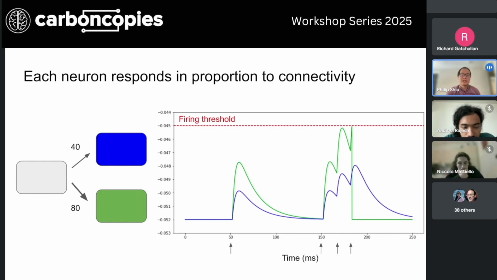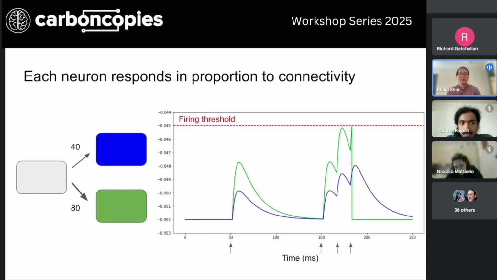And so we can simply say that, for example, we know from the connectome that the green neuron's connectivity from the gray neuron is twice as strong as that of the blue neuron. And so its response will be twice as much as the blue neuron.